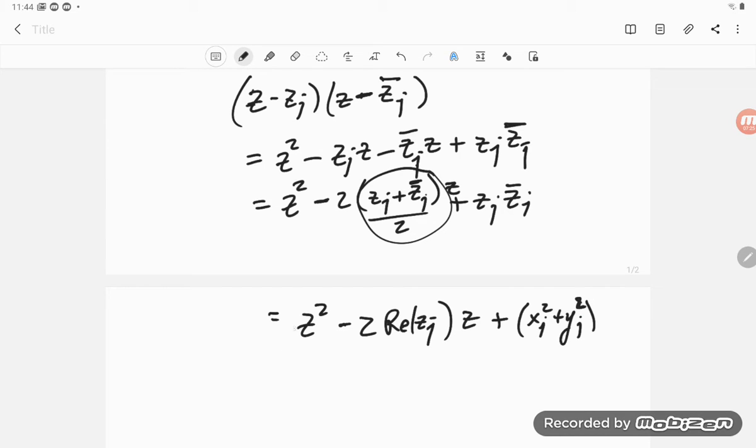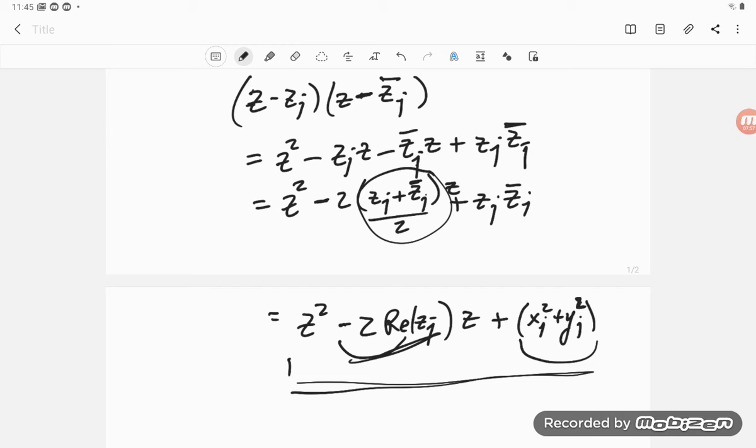And so here our coefficient is 1, that's real. Here our coefficient is minus 2 times the real part of zj, that's real. And then here we get the sum of the squares of 2 real numbers, so that's real. So this is indeed a quadratic with real coefficients. And so there we go. That is our factorization.